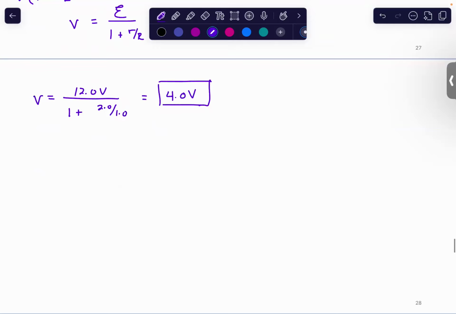And then the current. So the math is easy, 4.0 volts per ohm. What is a volt per ohm?